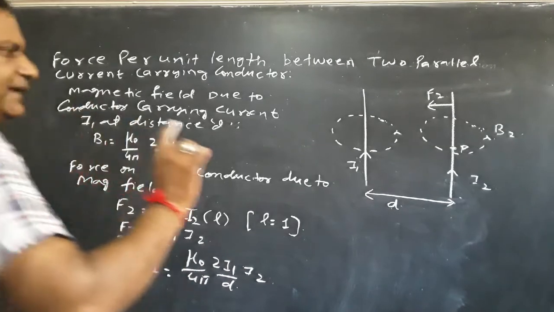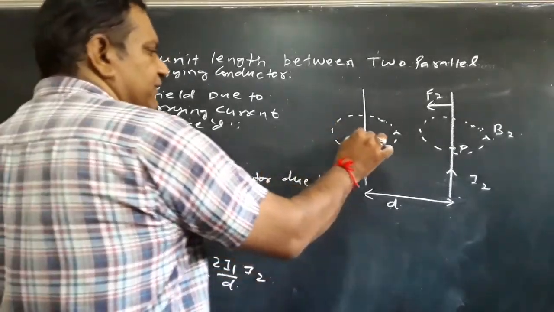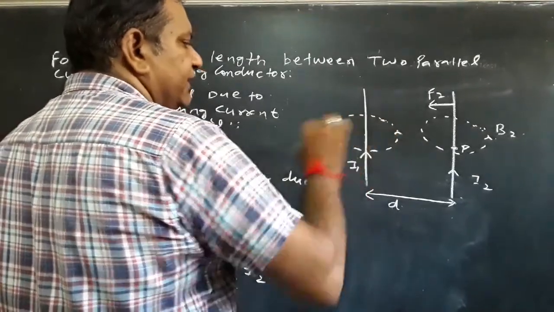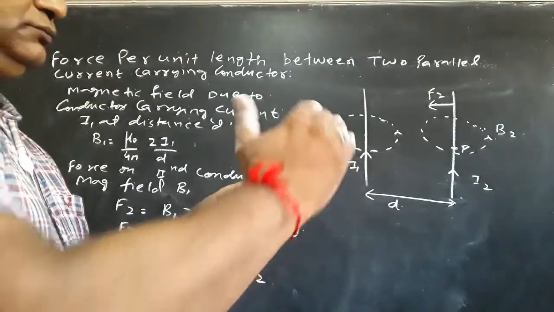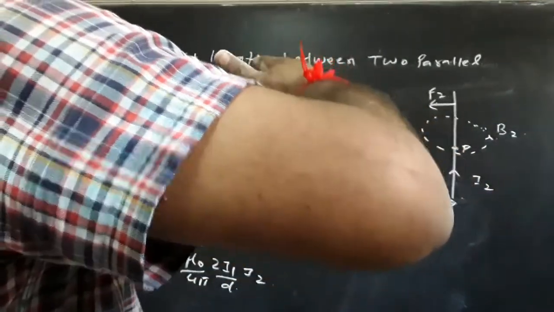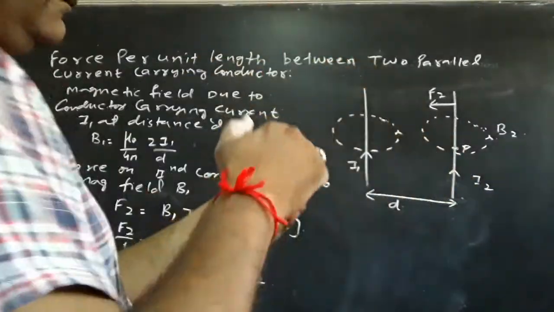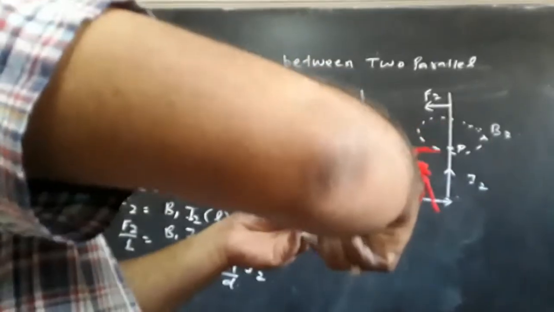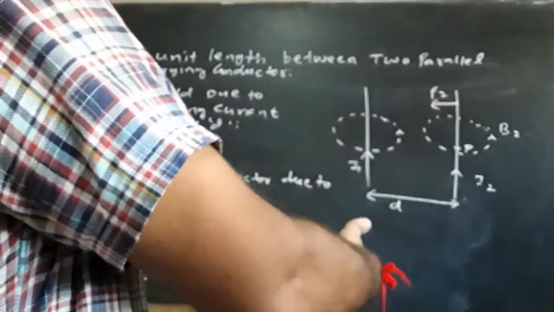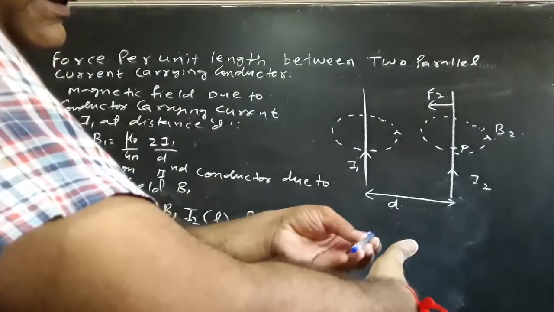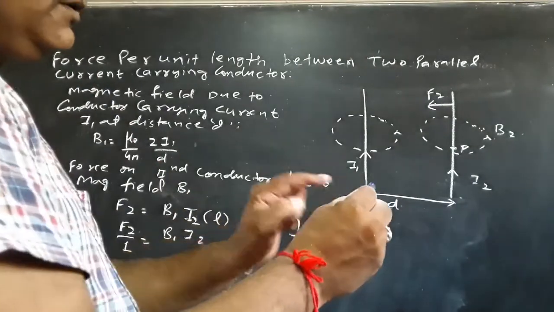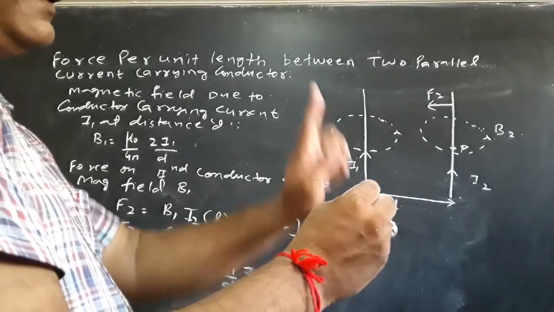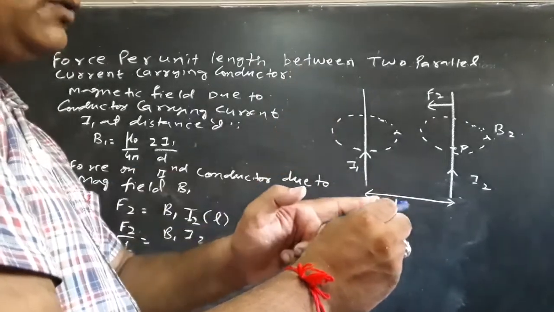Now, similarly, we can find the force exerted on the first conductor. Suppose this is the first conductor now. Here, the magnetic field is like this, the current is this. So for the first conductor, the magnetic field is upward. This is the direction of current.